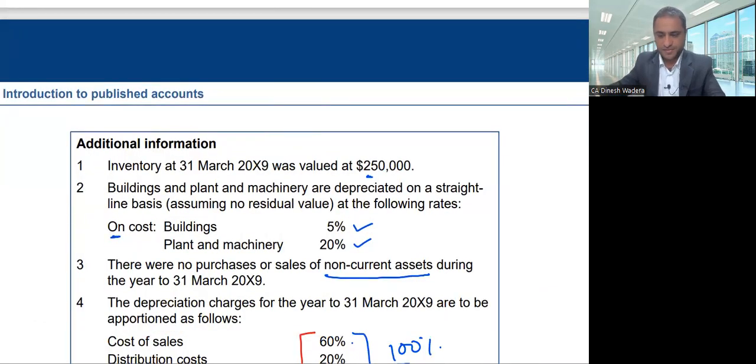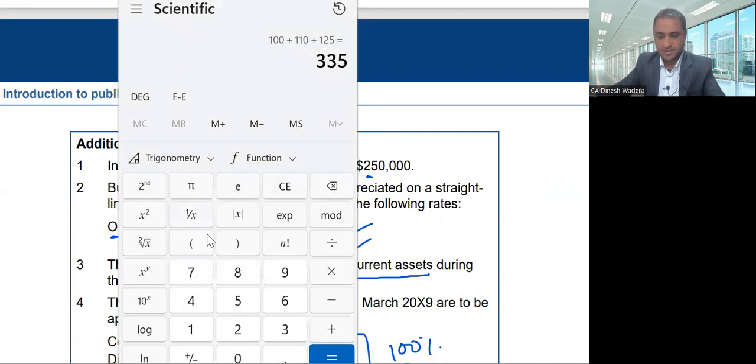Building 5%. I'm just marking in red whatever adjustment we have done. So after completing a question, when we get back and check whether we have missed anything, we will be assured that yes, the proper treatment for each information has been taken care of. So building will be depreciated at 5% per annum and plant and machinery at 20%.